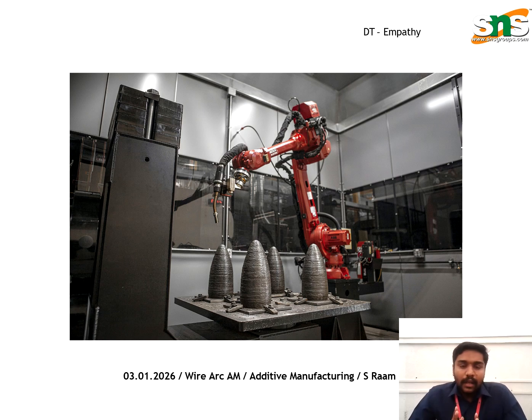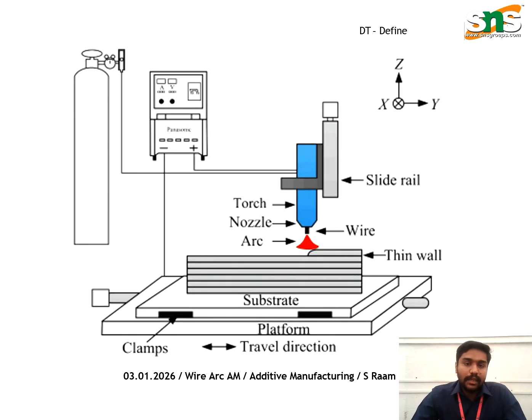A simple example is joining two materials to develop a product. In welding, the weld rod is melted and then the process of fabrication is carried out. But in wire arc, the rod is replaced by wire, so we can develop a model by using wire-based material.